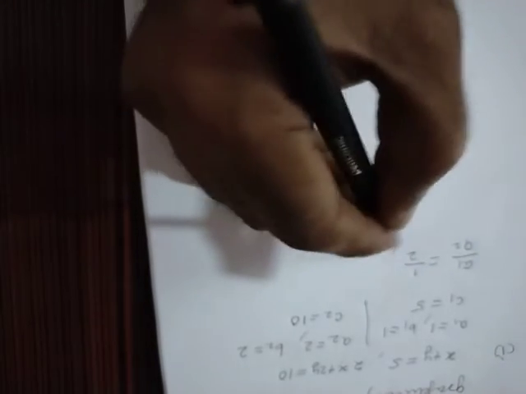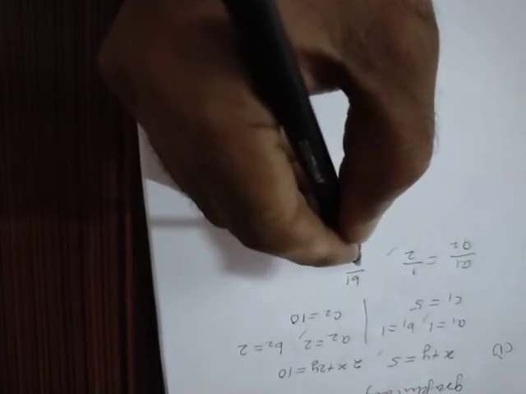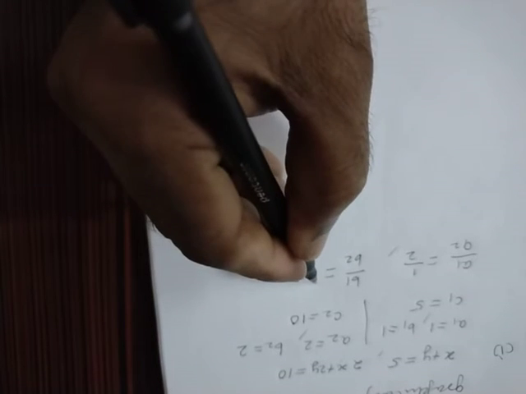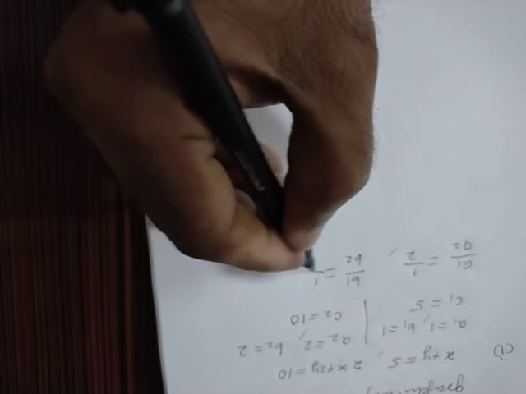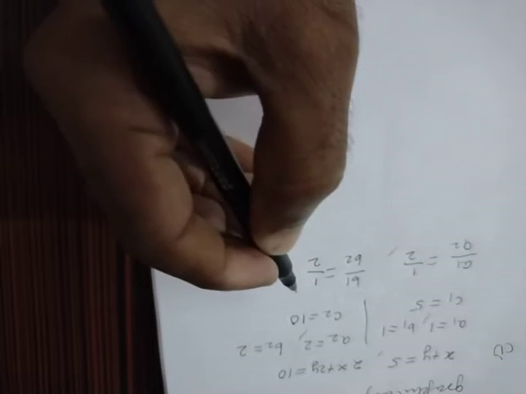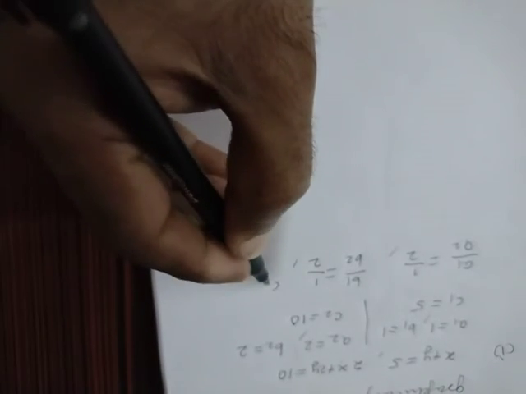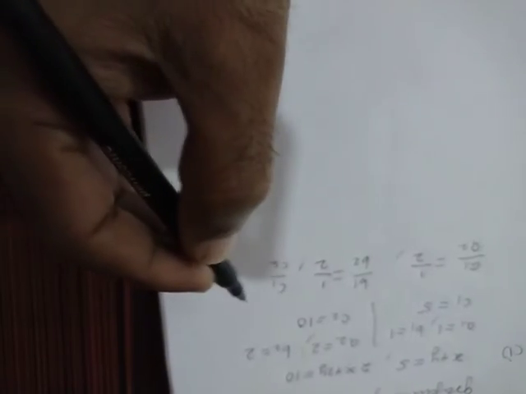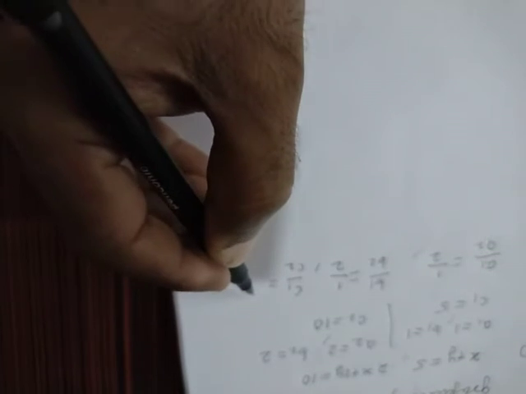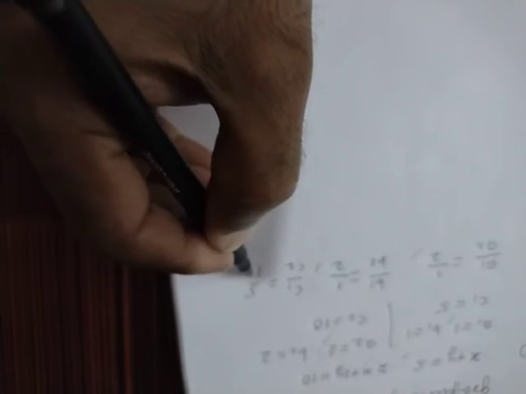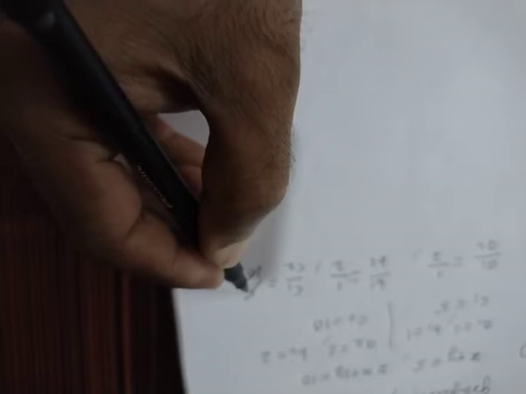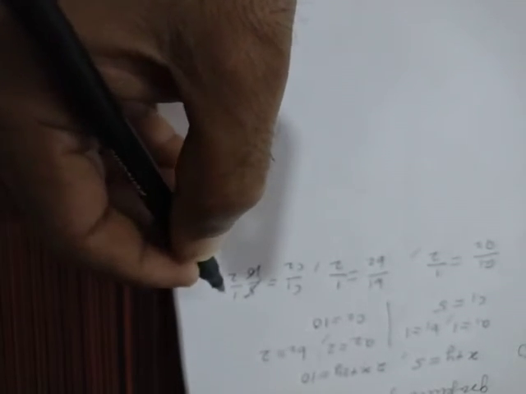Student, find a1 upon a2 equal to 1 upon 2, b1 upon b2 is equal to 1 upon 2, c1 upon c2 equal to 5 upon 10. You simplify it. Cut 5 1 5, 5 2 10.